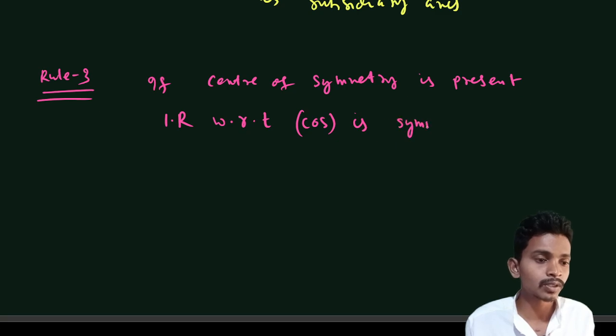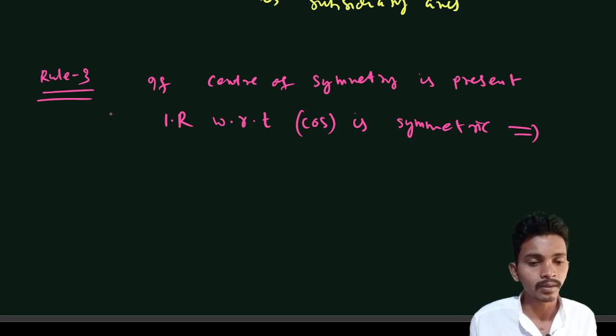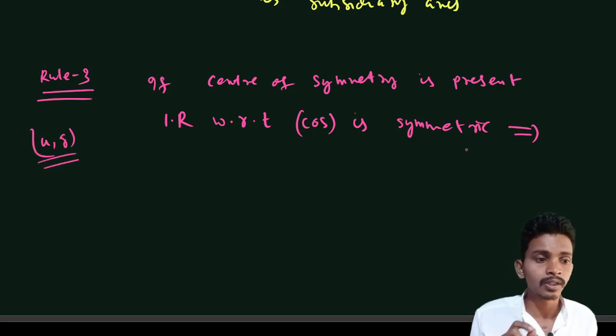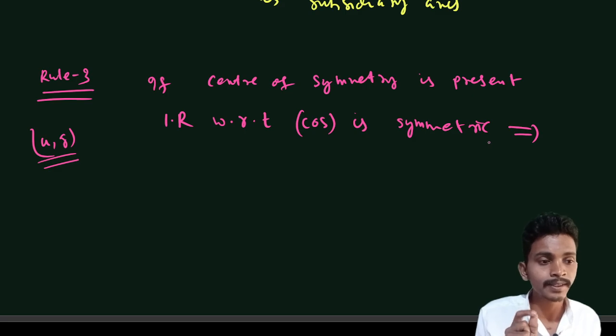Symmetric means positive. For the center of symmetry the notations are either U or G. So if it is symmetric, meaning positive, first in the alphabet G will come, after that U will come. Okay, likewise you can remember.